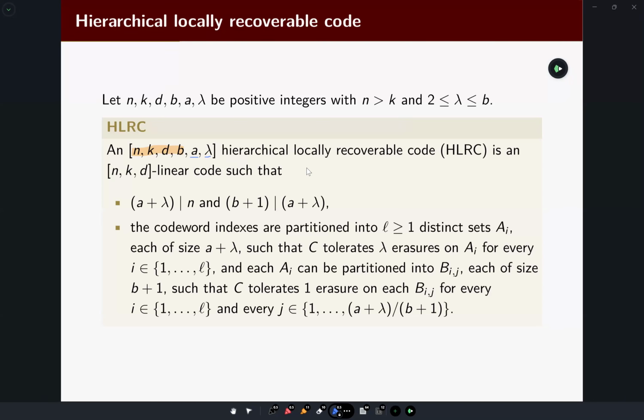Okay, and basically what happens here is that while we need B elements to recover one erasure, now we also have another property, which is that we can recover lambda erasures by looking at most at A other elements. So that's the meaning of the definition, and this is the formal way we can define it.